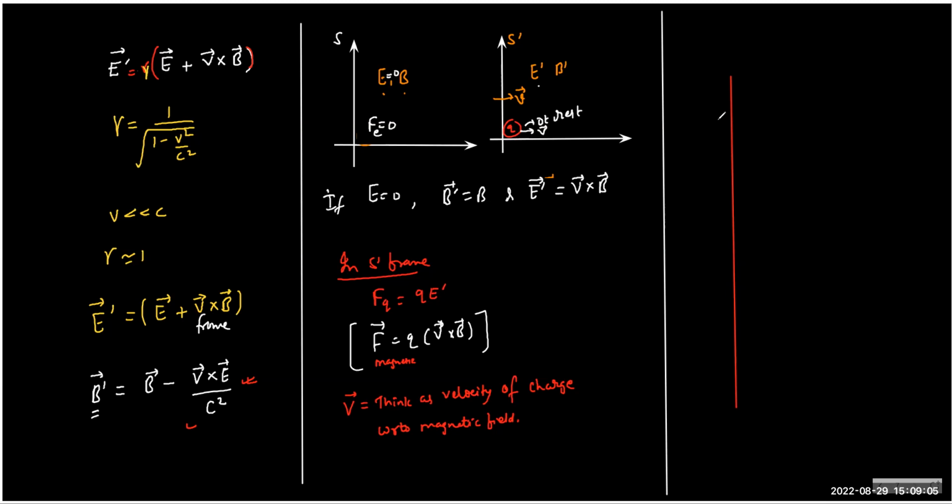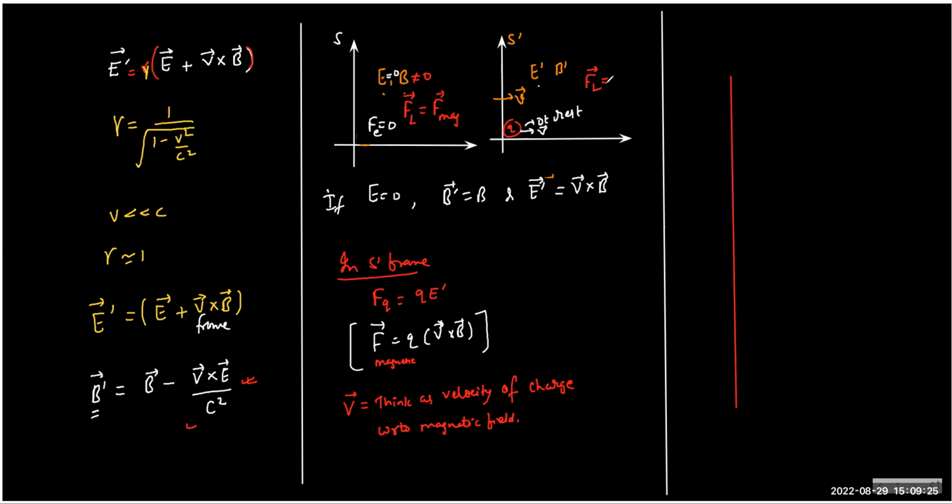Yes, sir. So here the Lorentz force is only magnetic force. We interpret it as because of the magnetic field. Correct. Because here E is 0, B is non-zero. Yes, sir.